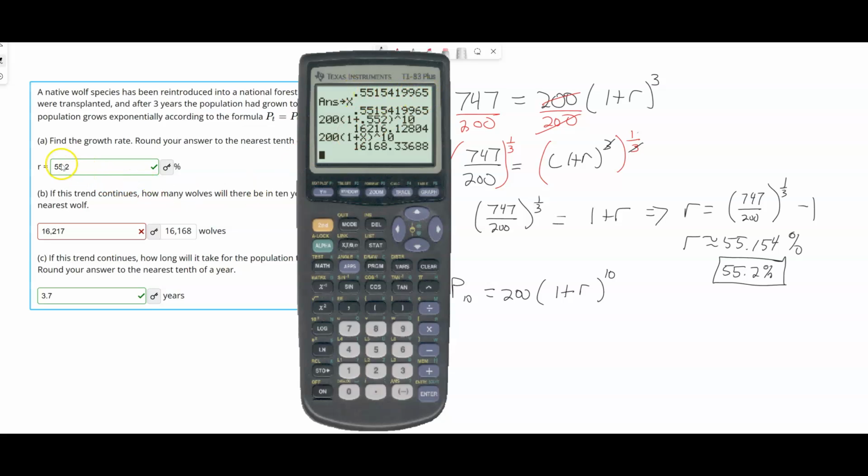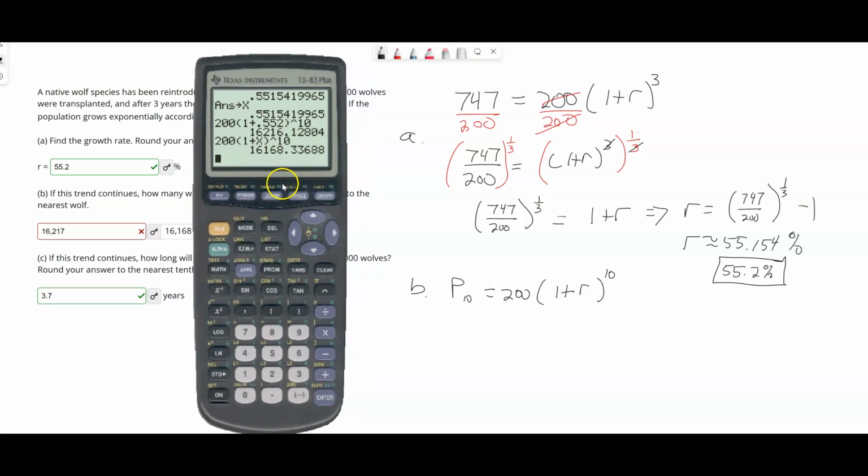Round it so you can enter it into the homework and get full credit there. And for part B, go back to the exact answer to compute the second one, and then round that to put into the computer for the answers. You always want to go back to the original information, not using a rounded answer.